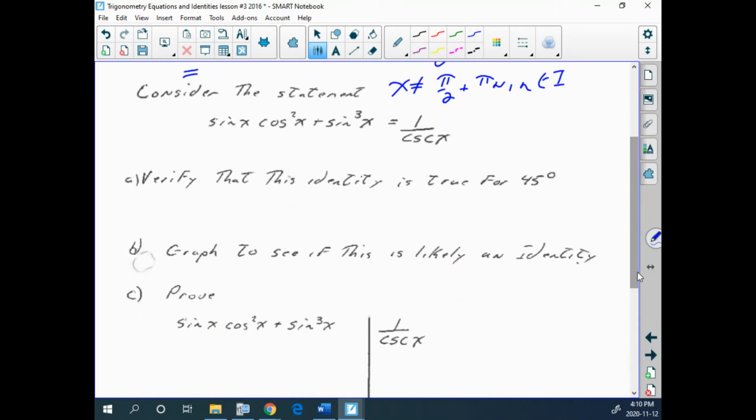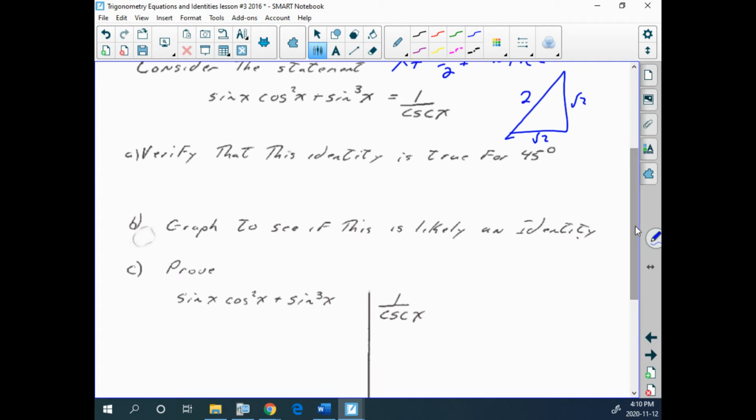The next question, we're going to again use a special triangle angle, 45 degrees. So we want to see if this identity, this statement, sine of 45 times cosine of 45 squared plus sine of 45 cubed, is equal to 1 over cosecant of 45 degrees.